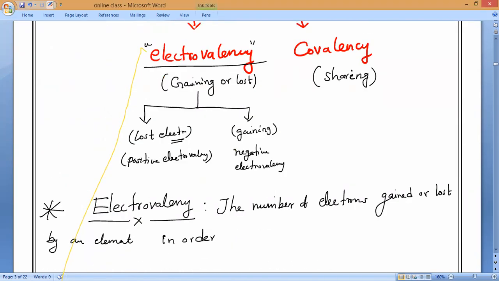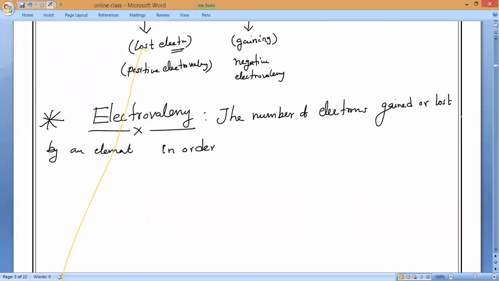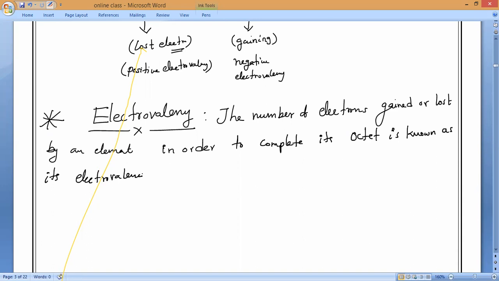So the number of electrons gained or lost by an element in order to complete its octet is known as its electrovalency. Clear?